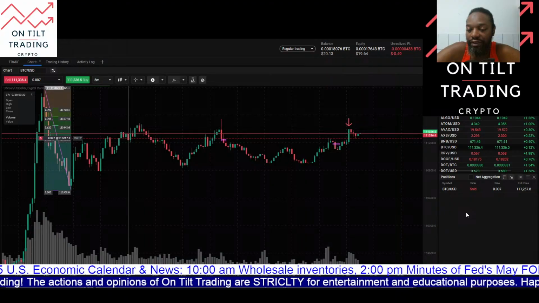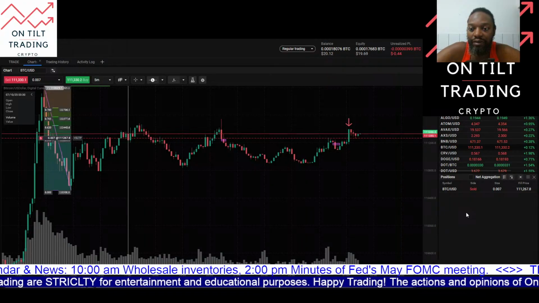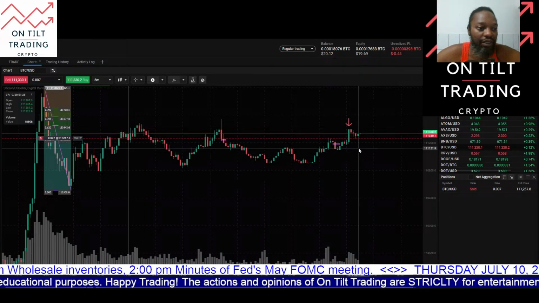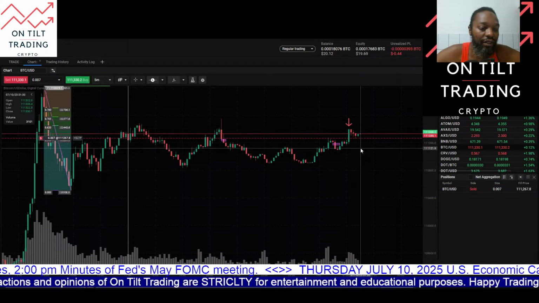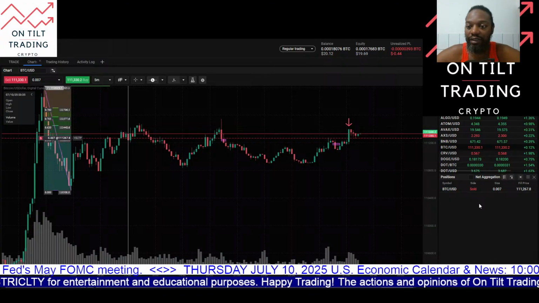Now 30 minutes into the London Open, and price testing the highs of the previous 5-minute candle, 111,336.4. So putting in equal highs from the previous candle and then consolidating.